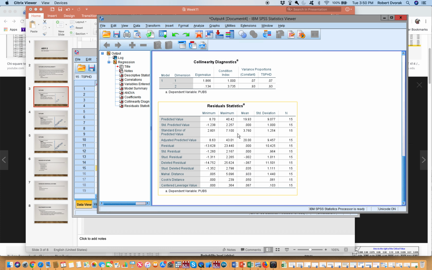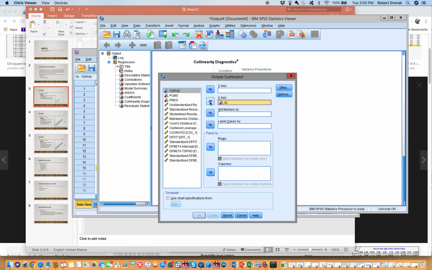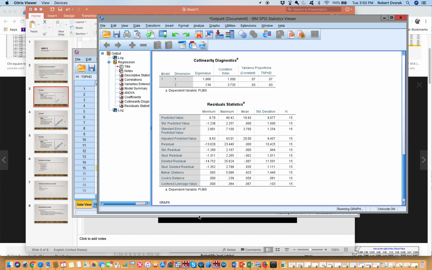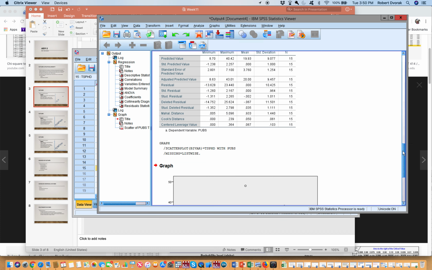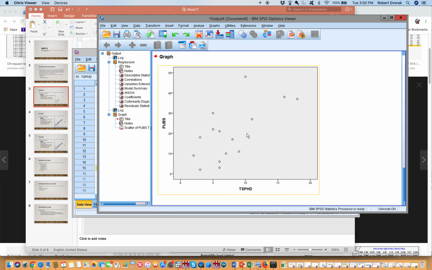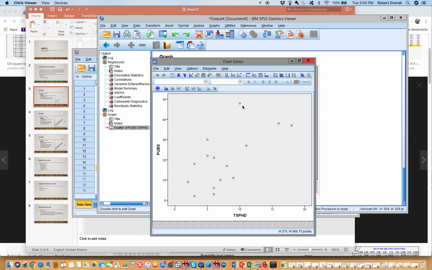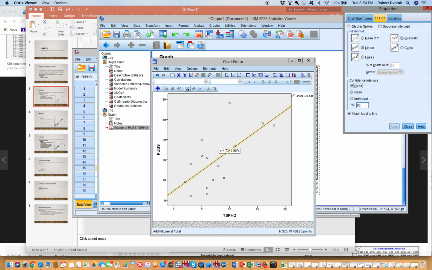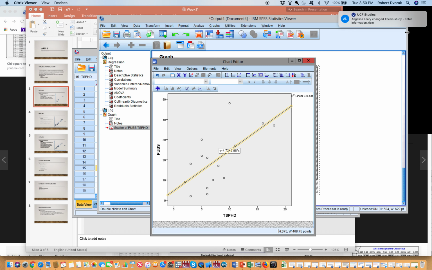We're going to get a simple scatter, with time since PhD on our x-axis and publications on our y-axis. So let's get a simple chart, see what that looks like. There's our distribution of our data. Let's double click on it and put a simple line in there.